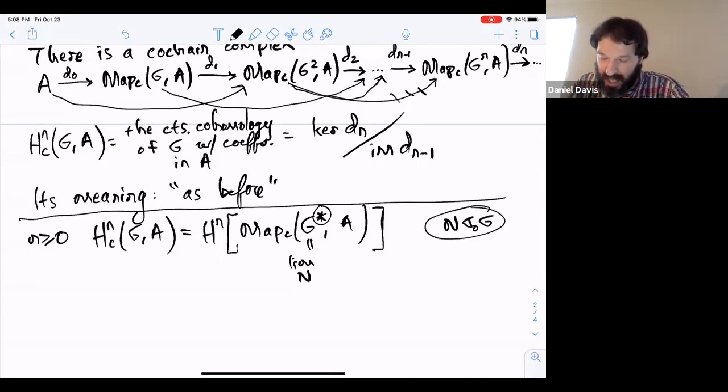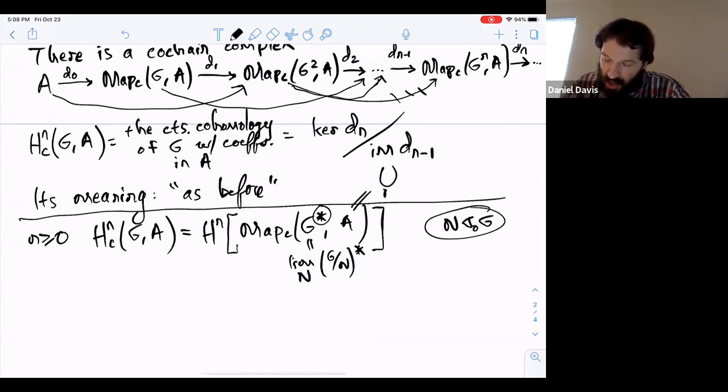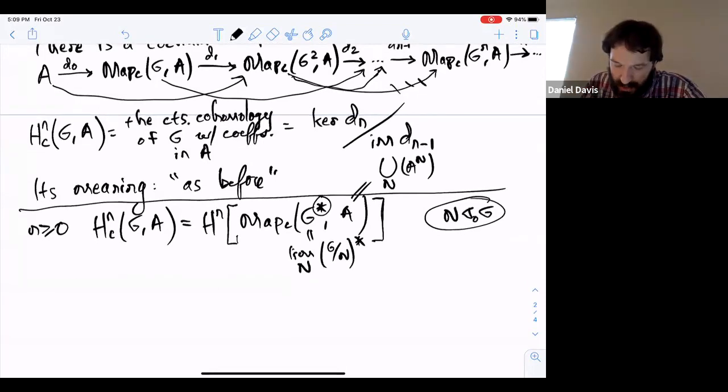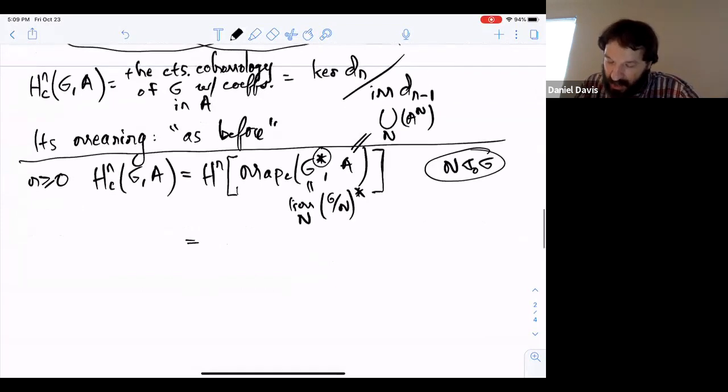So we take a limit over the n's of G mod n, and we have star. This A is a union over the n's of the fixed points, so we take the fixed points of A by n. Now we have a limit in the source, and this union, which is a colimit in the target.